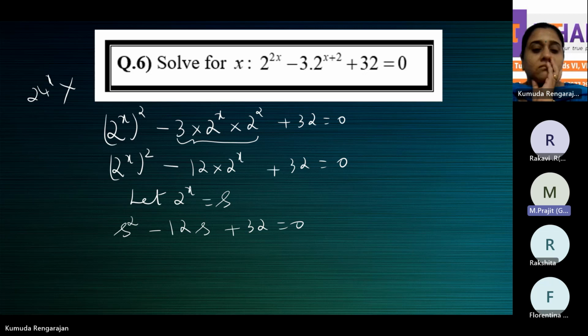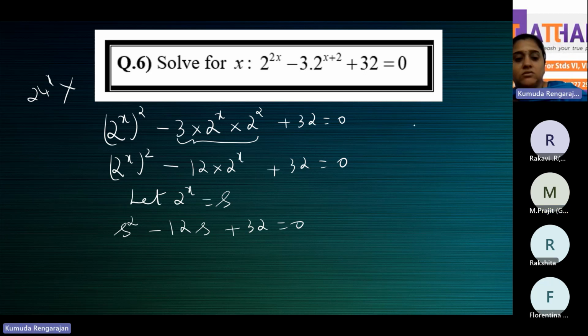Ma'am, I'm getting two values for S, ma'am. Yeah, what are they? They're 4 and 8. So S is equal to 4 or S is equal to 8. That means what is S? 2 to the power X is equal to 2 square. 4 is 2 square.